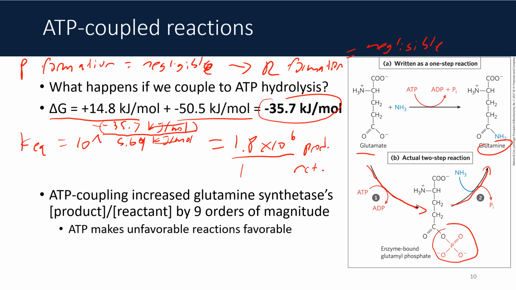Thanks to ATP, at equilibrium, the ratio is going to increase by 9 orders of magnitude. This is how ATP makes unfavorable positive delta G reactions possible in biology.